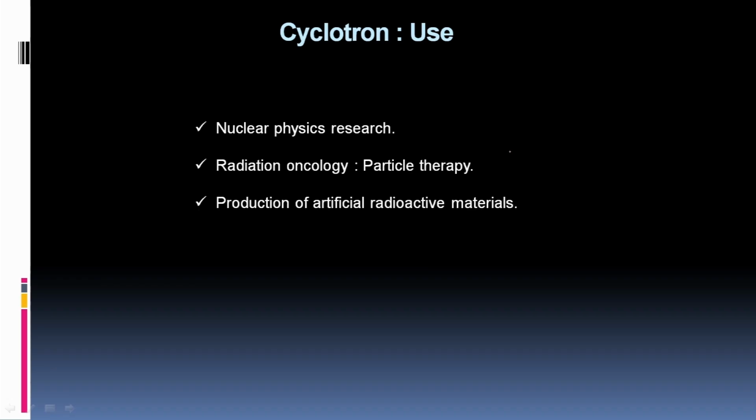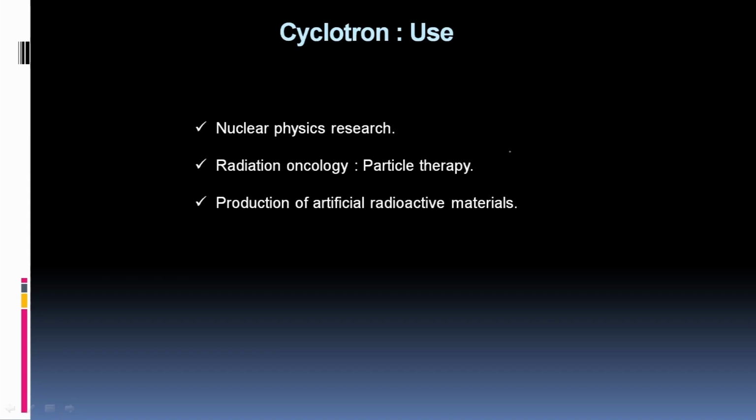The cyclotron is also used for the production of artificial radioactive materials. They are commonly used in the nuclear medicine department, where any institute can produce radioactive material in-house. These are short-lived radioactive materials which are used for diagnostic or therapeutic purposes.